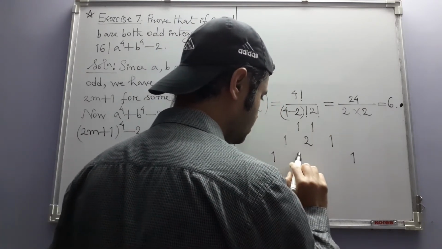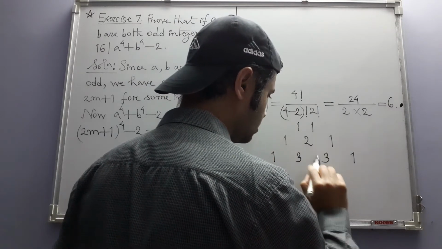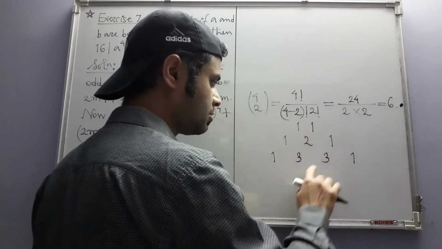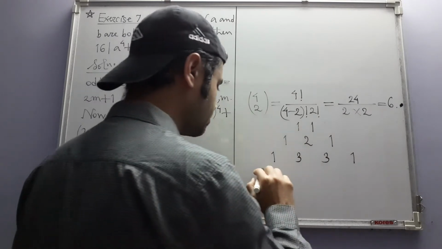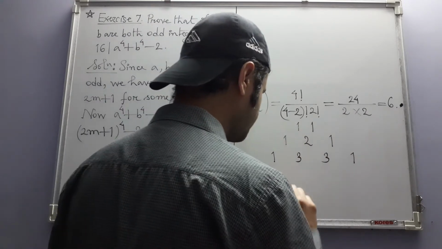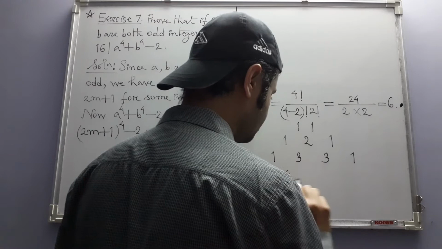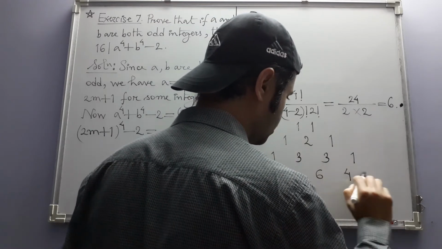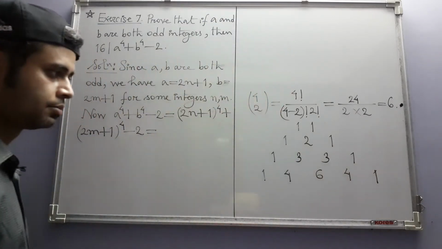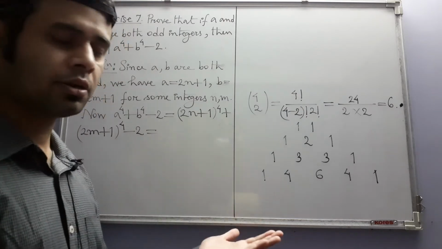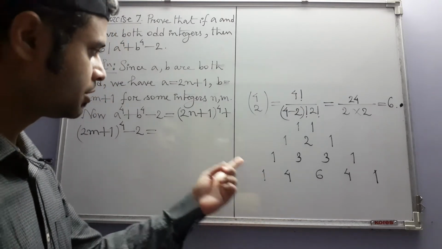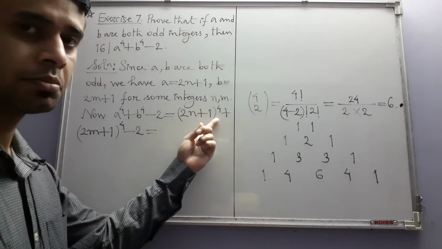So the next row is generated like that. Here this one is 3 and this one is also 3: 1 plus 2 is 3, 2 plus 1 is 3. And the next row is 1, 4, 6, 4, 1. In this way also you can calculate the coefficients in the expansion of this power.